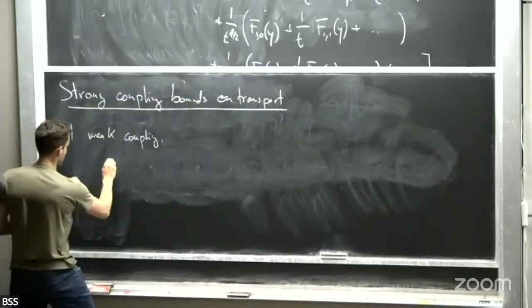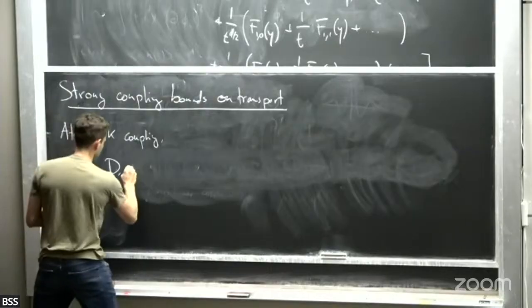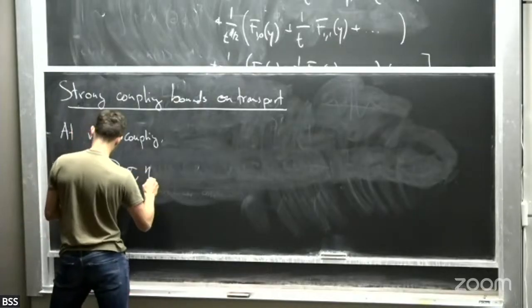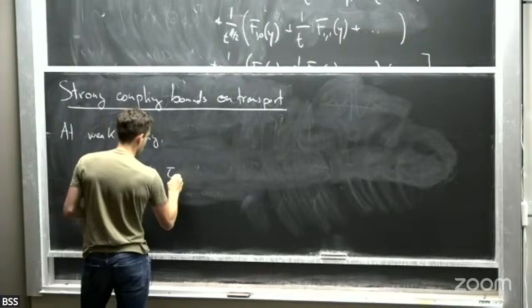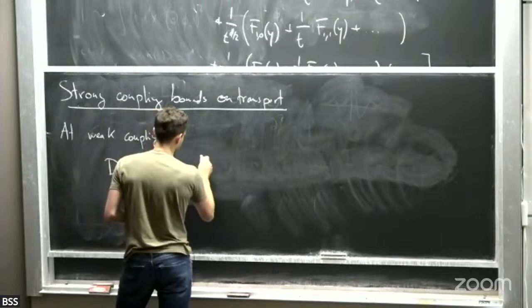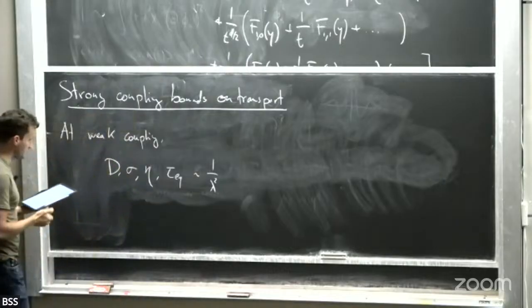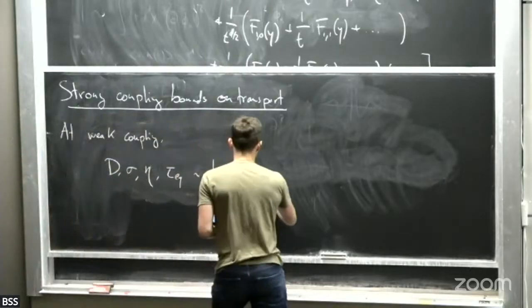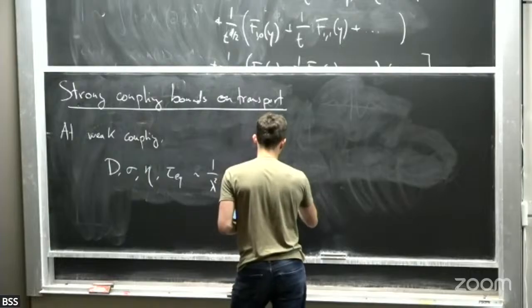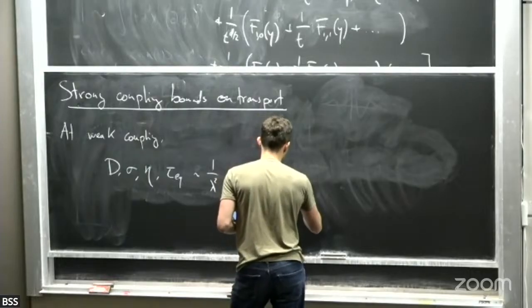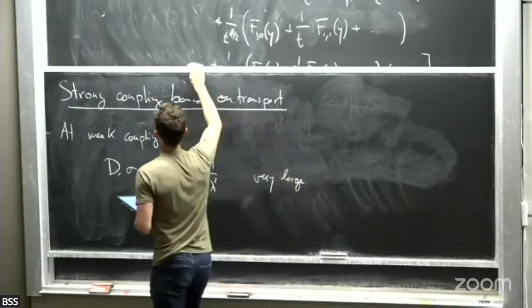So at weak coupling, in a clean system, conductivities, diffusivities, all these things are extremely large and go like 1 over the 2-to-2 scattering coupling squared. So these transport parameters are very large. It's very easy to conduct through a system that doesn't have many scatterers.